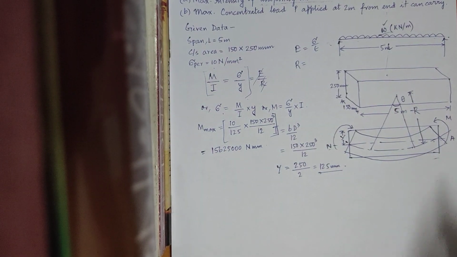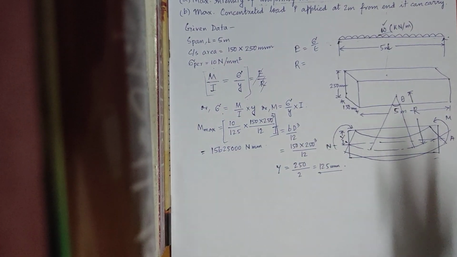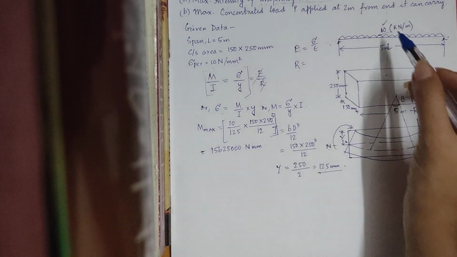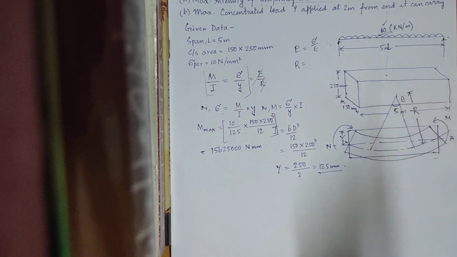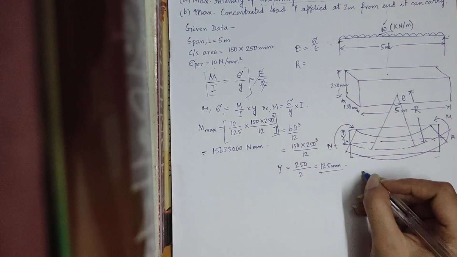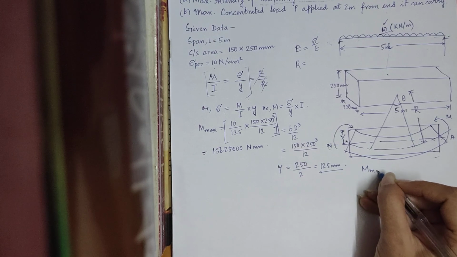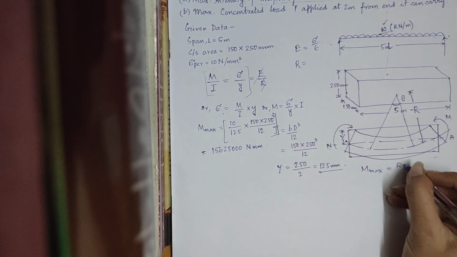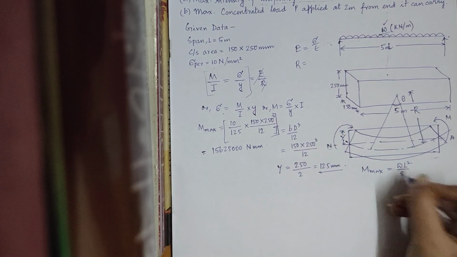As we have discussed in the earlier classes about how to calculate the maximum bending moment for UDL, the maximum bending moment throughout the beam is equal to WL square by 8.